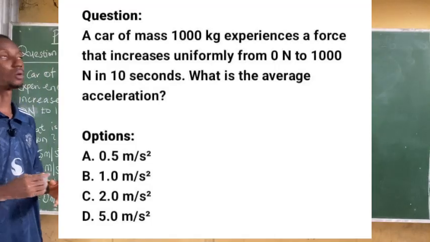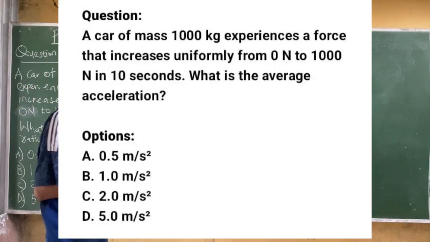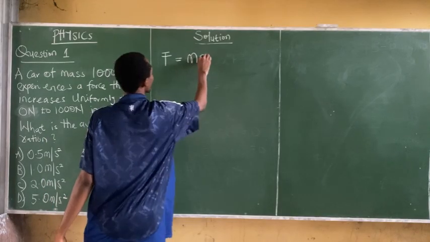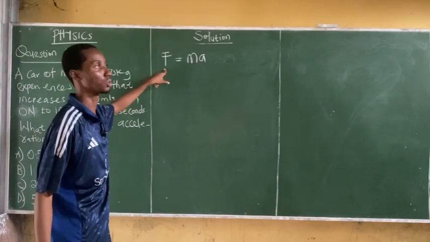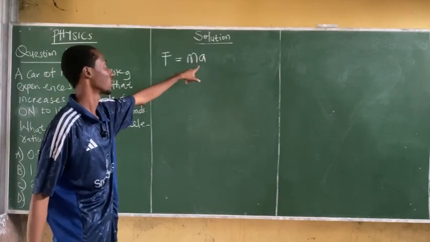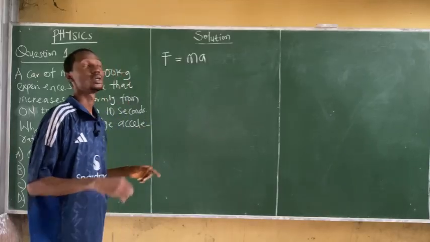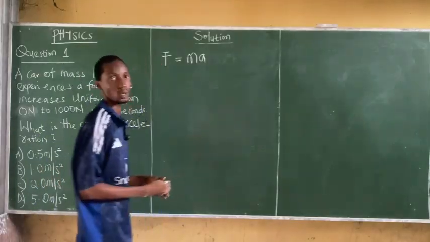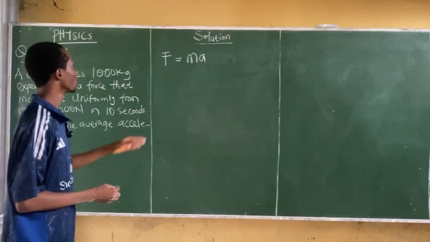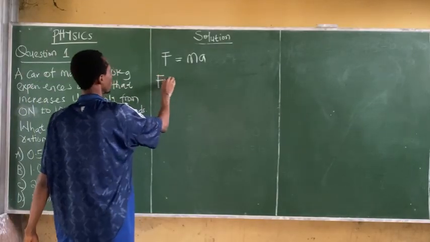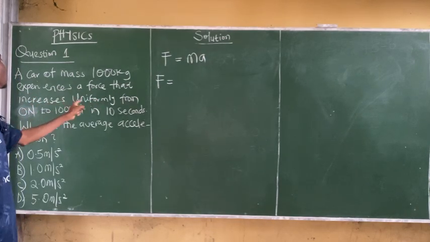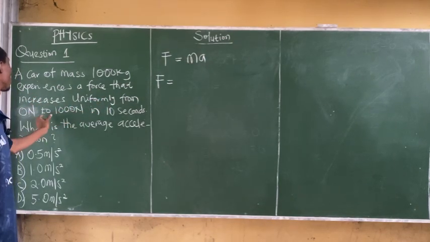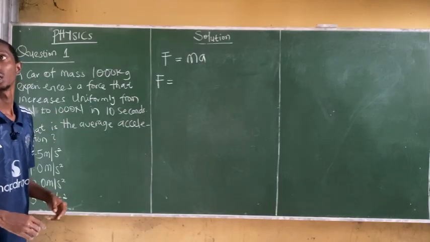Now recall from Newton's second law of motion that force is equal to mass times acceleration, where force is measured in newtons, mass in kilogram, and acceleration in what? Meters per second square. So we have force. From the question, they say it experiences a force that increases uniformly from 0 newtons to what? 1000 newtons.